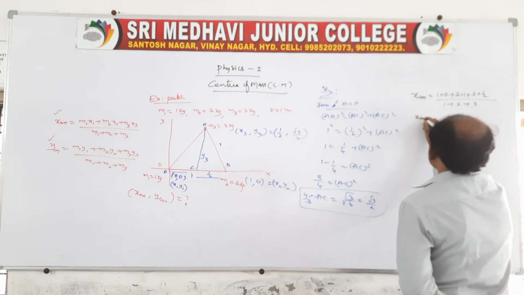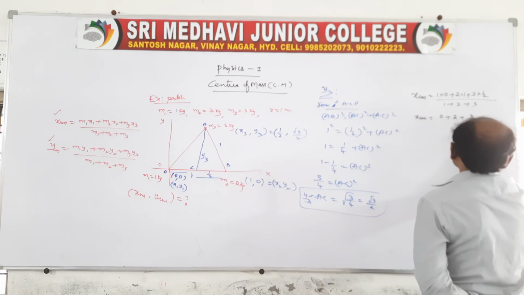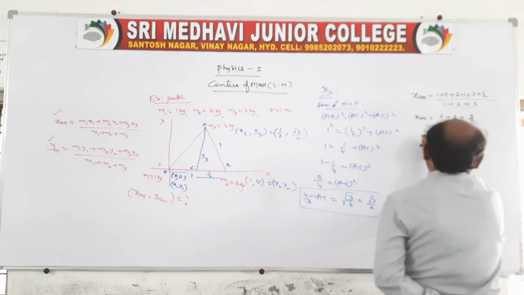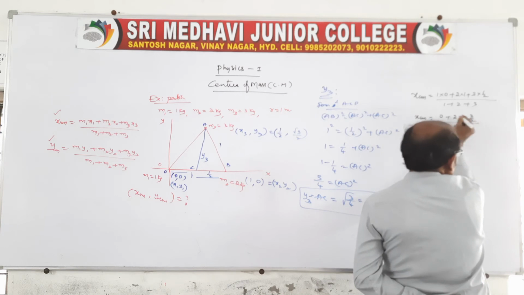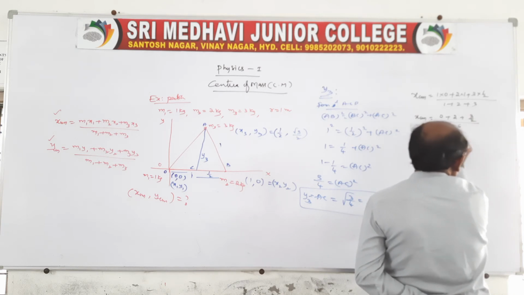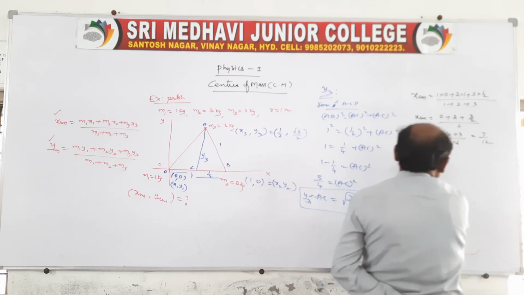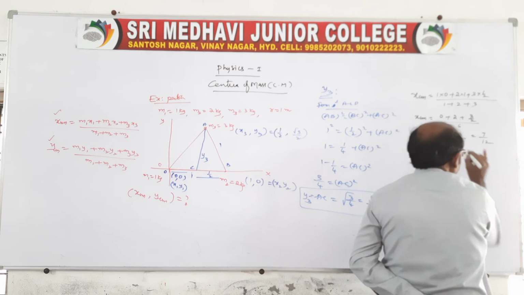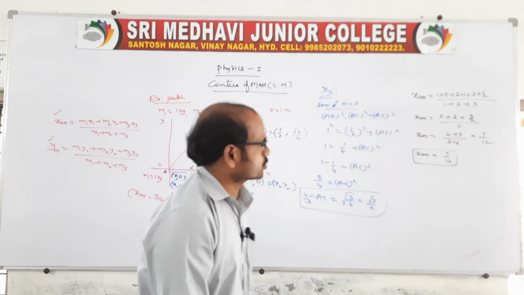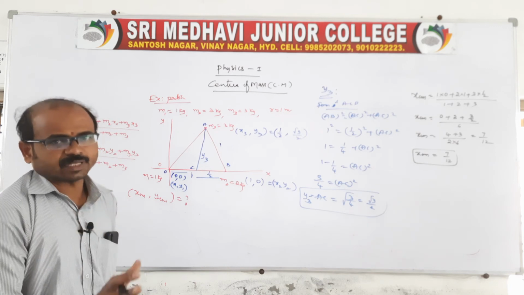So xcm is equal to 1 into 0, that is 0, plus 2 plus 3/2, by 6. So xcm is equal to, taking the LCM, 4 plus 3 by 2 into 6, that is 7 by 12. So xcm is equal to 7 by 12. The position from the y-axis is 7 by 12. It is at a distance of 7 by 12.